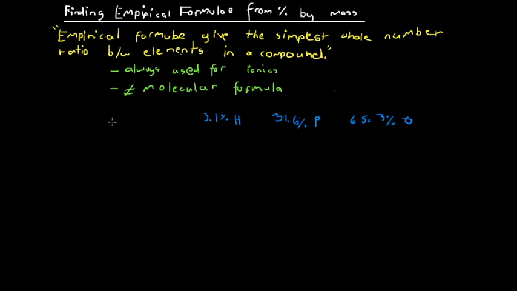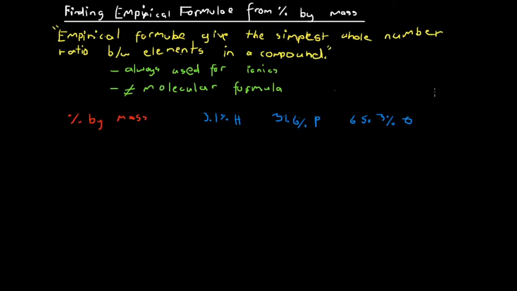So here we're starting with the percentage by mass. 3.1% of the mass of this compound is hydrogen, 31.6% of the mass of this compound is phosphorus, and 65.3% of the mass of this compound is oxygen.